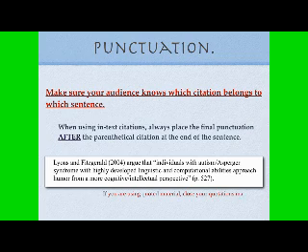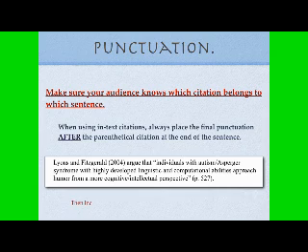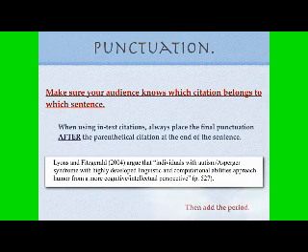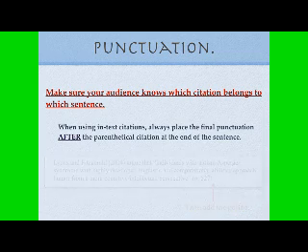Since we're quoting the material, we want to close our quotation marks first. Then we put the parenthetical citation with the page number information in it. And then we put the period at the end of the sentence. That way we know all that information belongs with this sentence.